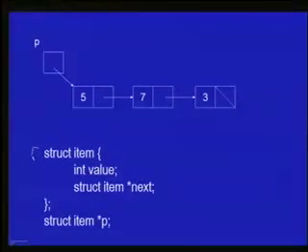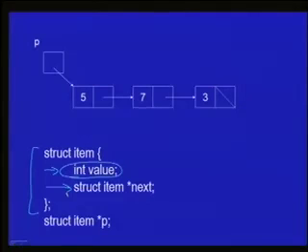So in this example, again, we are assuming that it is integer values that we are interested in storing. So we have declared a structure type struct item which consists of an integer value and a pointer to another struct item. So note that inside a struct item I can't have another struct item, because then the size of this would have to be infinite, but I can always store a pointer to a similar kind of structure within a structure itself.